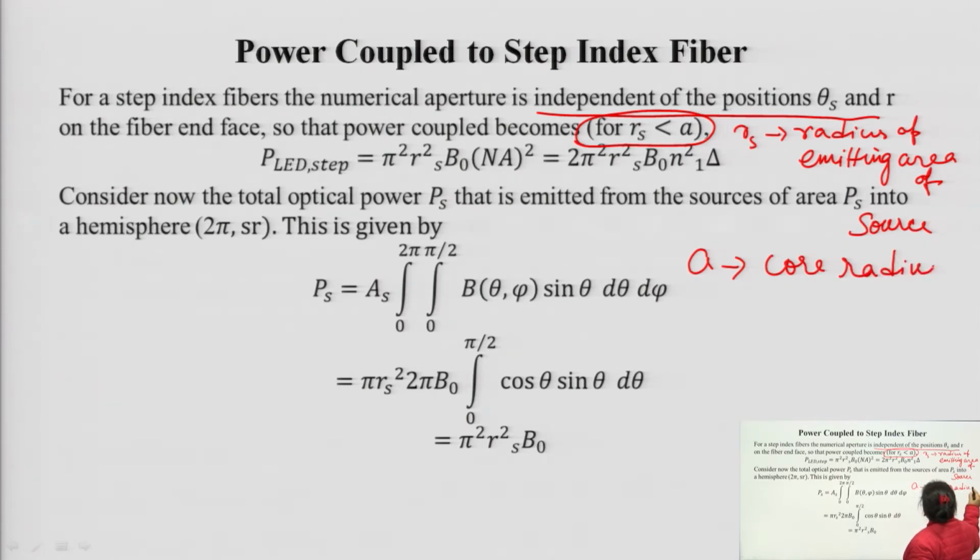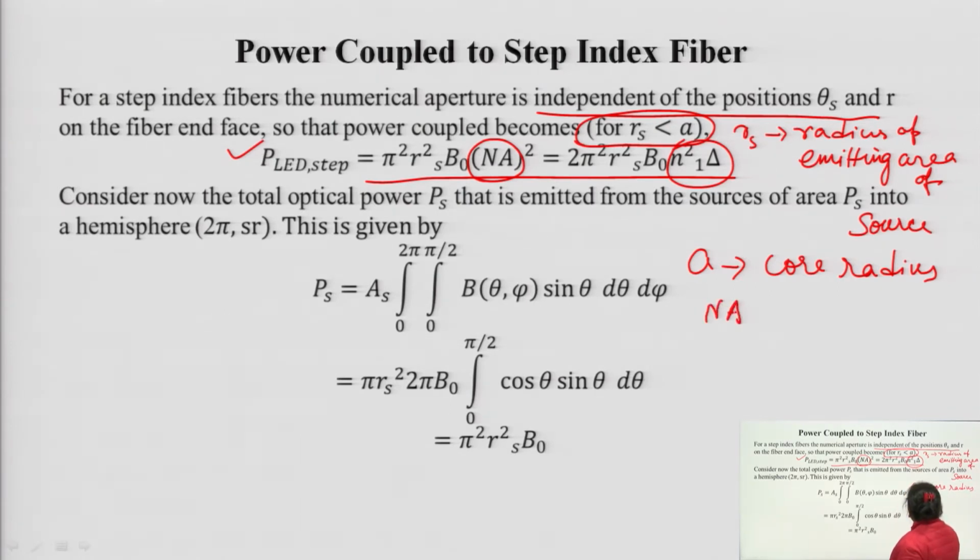So, this equation is applicable when Rs is less than A. In that case, our power coupled from the LED to the step index fiber is given by this equation, and it is already known to you that NA, our numerical aperture, when written in terms of core refractive index and the relative refractive index, can be written in this form.